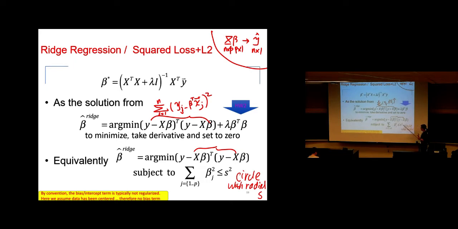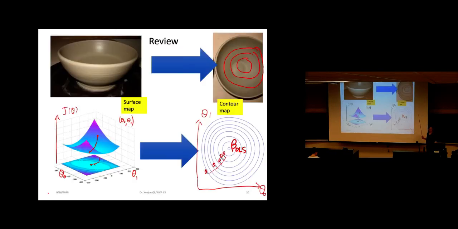It represents all the points within the S-size circle, or the sphere in the multidimensional case. You can only move within the sphere and hopefully find the point with the smallest error, but only relative to the sphere points, not relative to all the points.